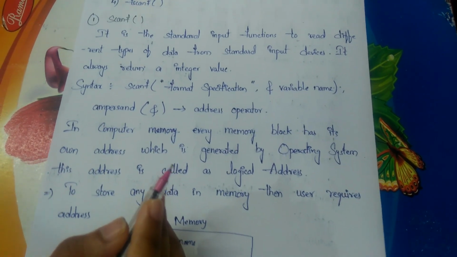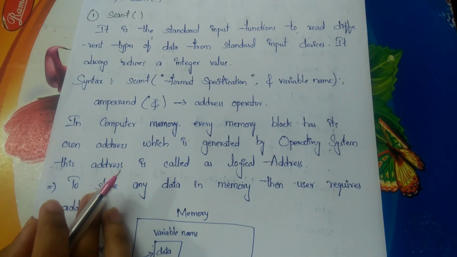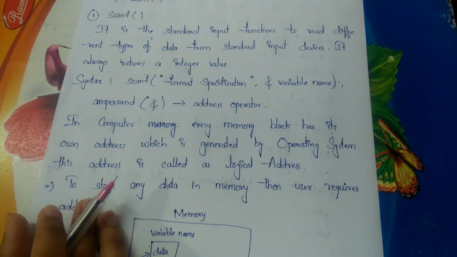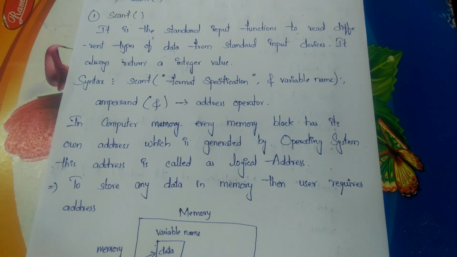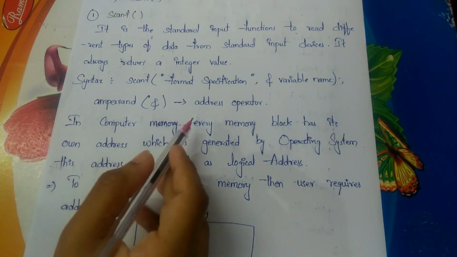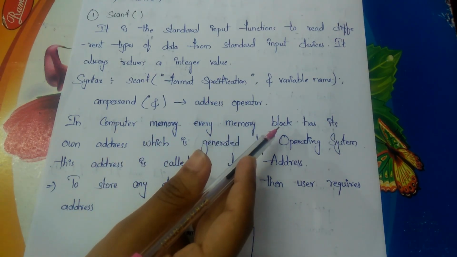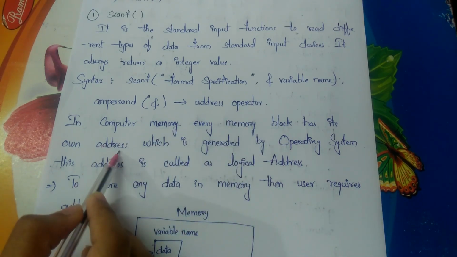So in computer memory, every memory block has its own address. Address is nothing but, for example, for each family we have some address; the best example is house number and the area or location. Similarly, for variables there is a memory block, and that memory block has its own address.